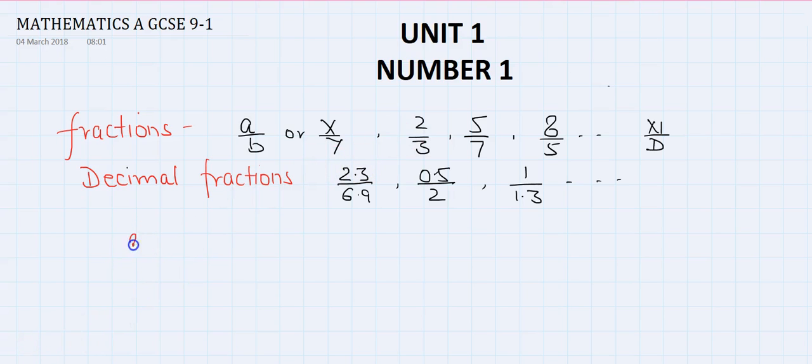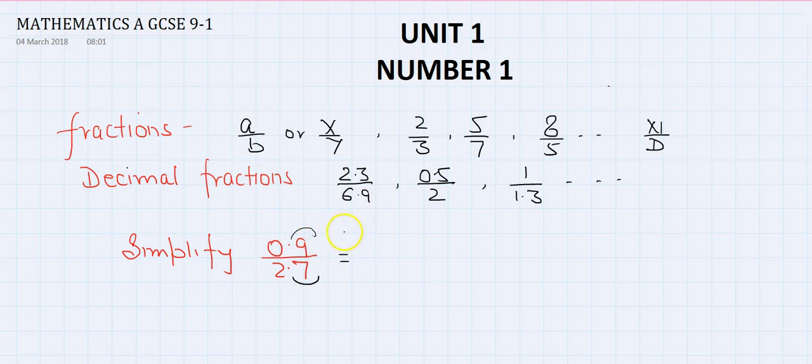Let's say the question is to simplify 0.9 over 2.7. Here there is one digit after the decimal and here is also one digit after the decimal.